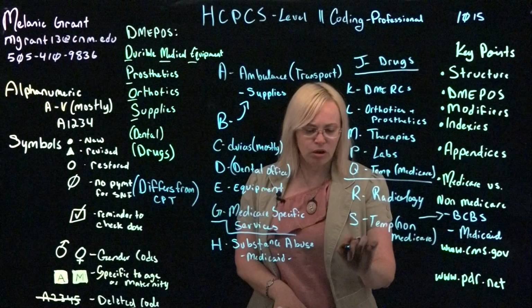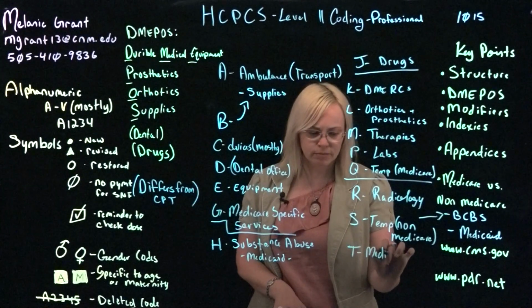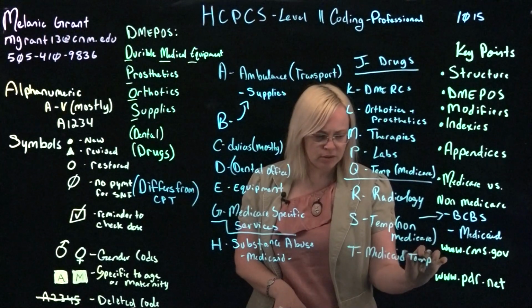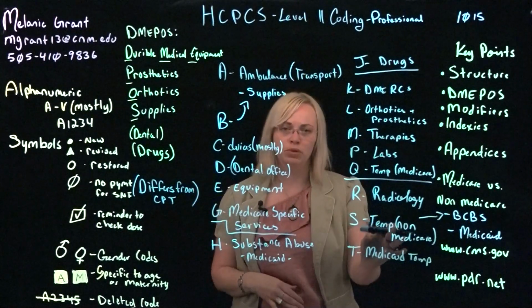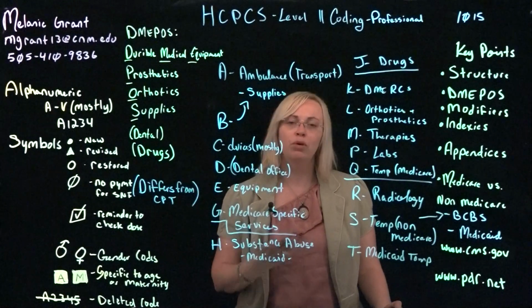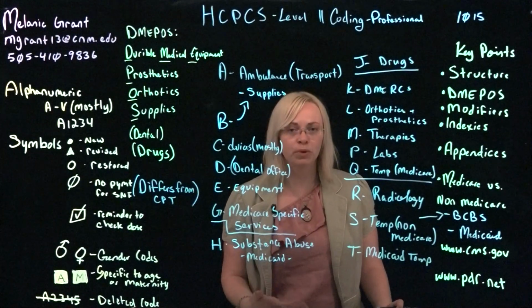T codes are also going to be specific to insurance. These are Medicaid temp codes. And so these will be very specific for Medicaid versus Medicare versus Blue Cross Blue Shield. Now the thing to keep in mind, Medicaid is for patients who need assistance or aid for financial purposes.